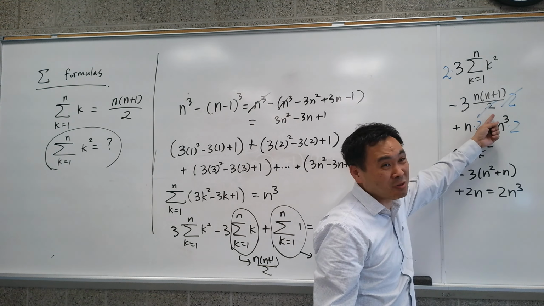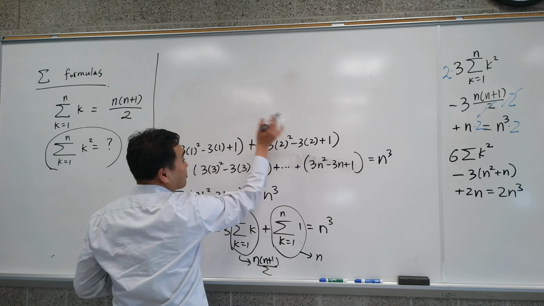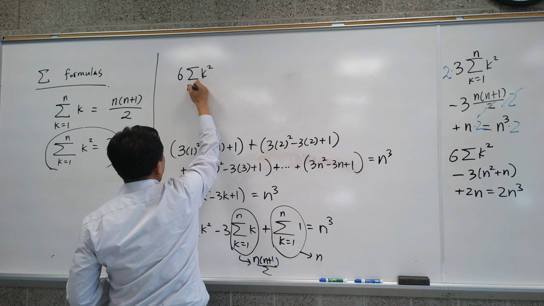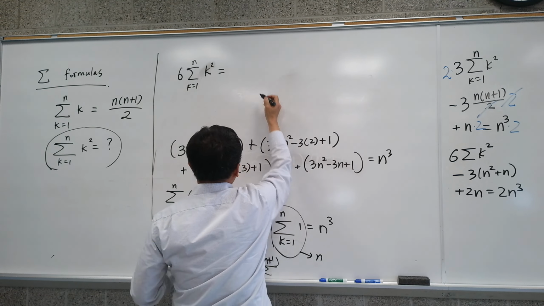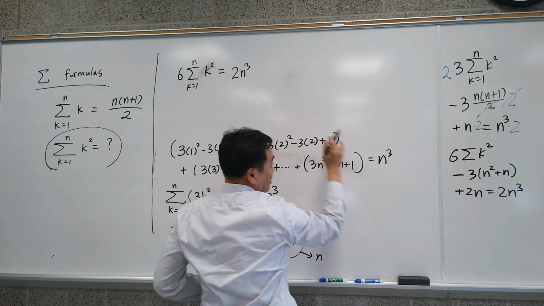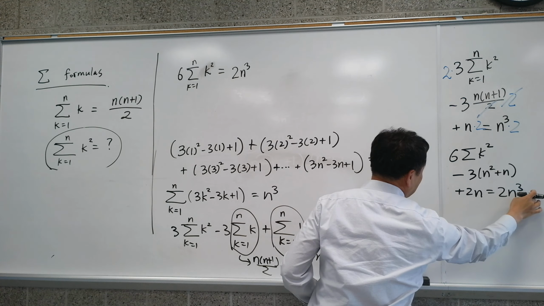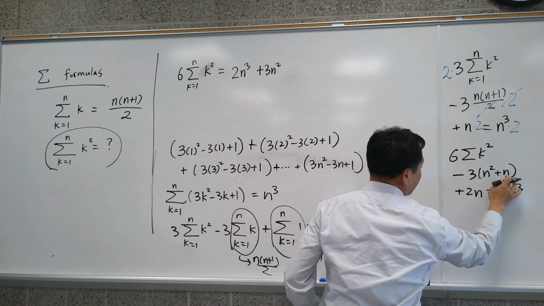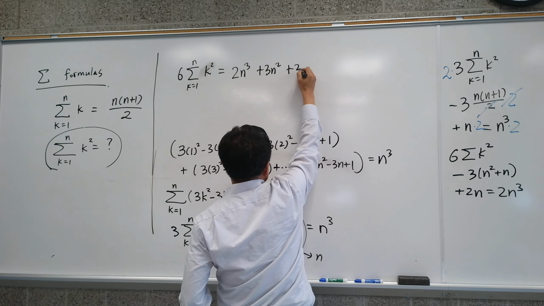And then let's see. If you solve the equation, you have 6 summation of k squared, k from 1 through n, equal to 2n cubed on the right side, but then minus 3n squared will be plus 3n squared. Minus 3n will be plus 3n.